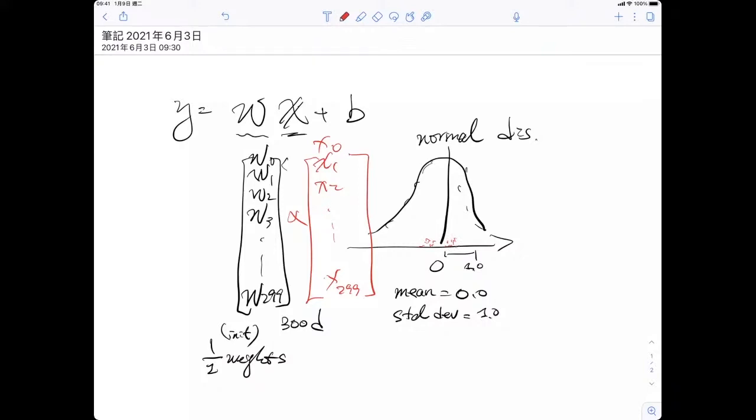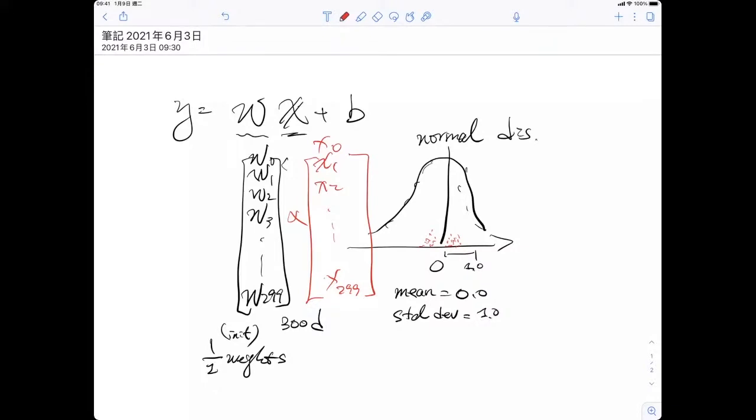Because your weight is randomly chosen from a normal distribution, a lot of randomly chosen weights will be close to 0. So maybe that is one of the reasons that initially your information, which is your x0 to x299, does not pass to the right hand side, so the partial differentiation does not quite do its job.